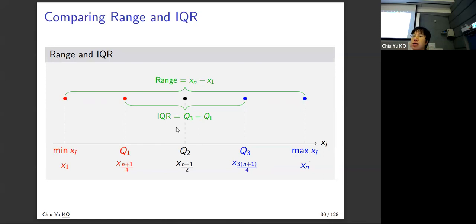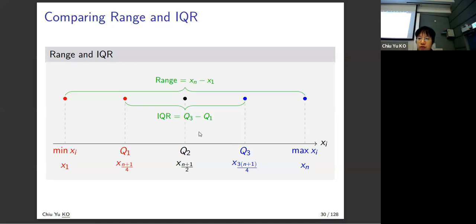The reason is that the median is very simple: with an odd number of observations, you have exactly the middle one, and with an even number, you average the two middle ones. But for Q1 and Q3, it's not very clear.